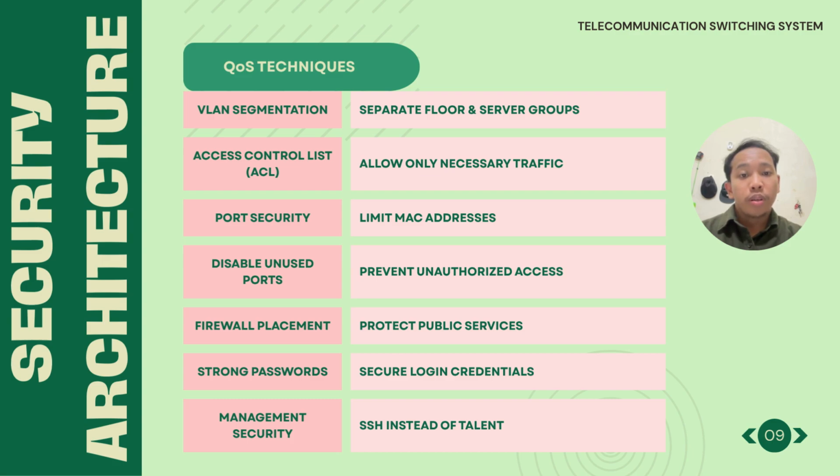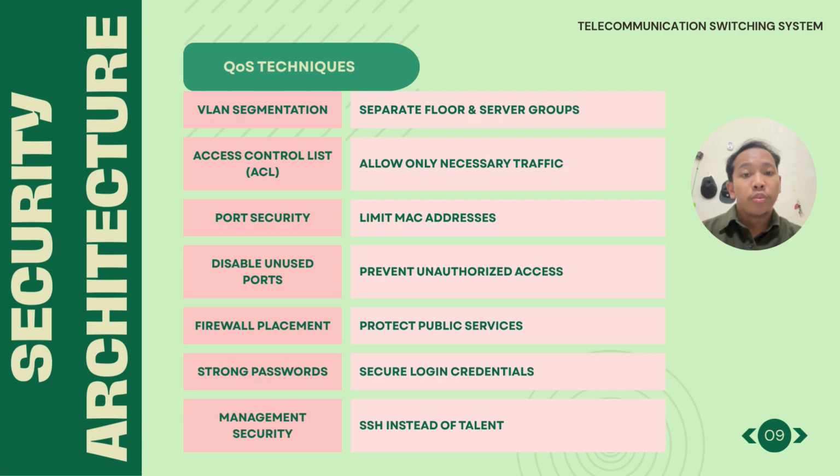We also disable all unused switch ports to reduce the risk of unauthorized physical connections. A firewall is placed in front of public-facing services to protect the internal network from external attacks and unauthorized access. In addition, strong passwords are enforced to secure administrator login credentials.